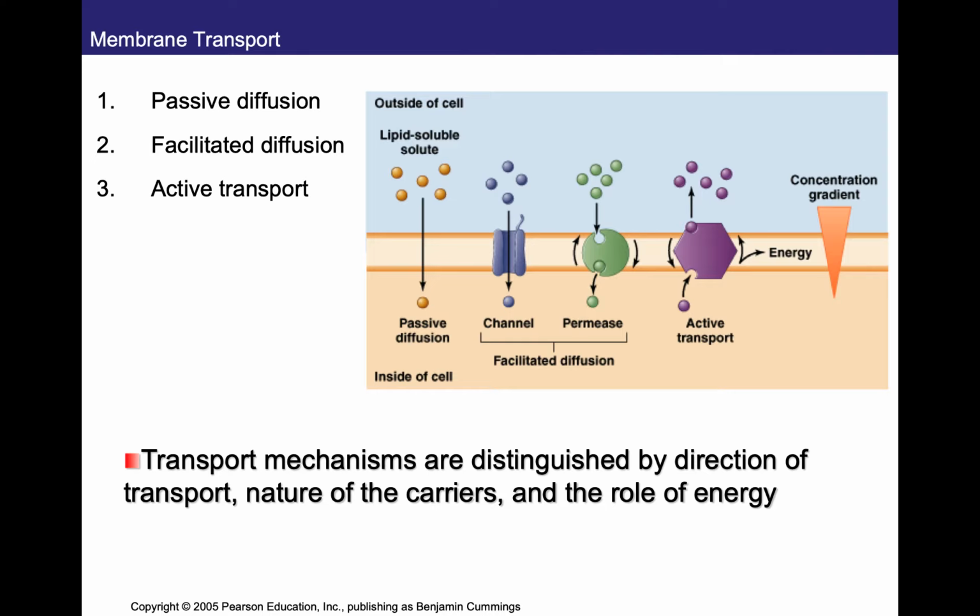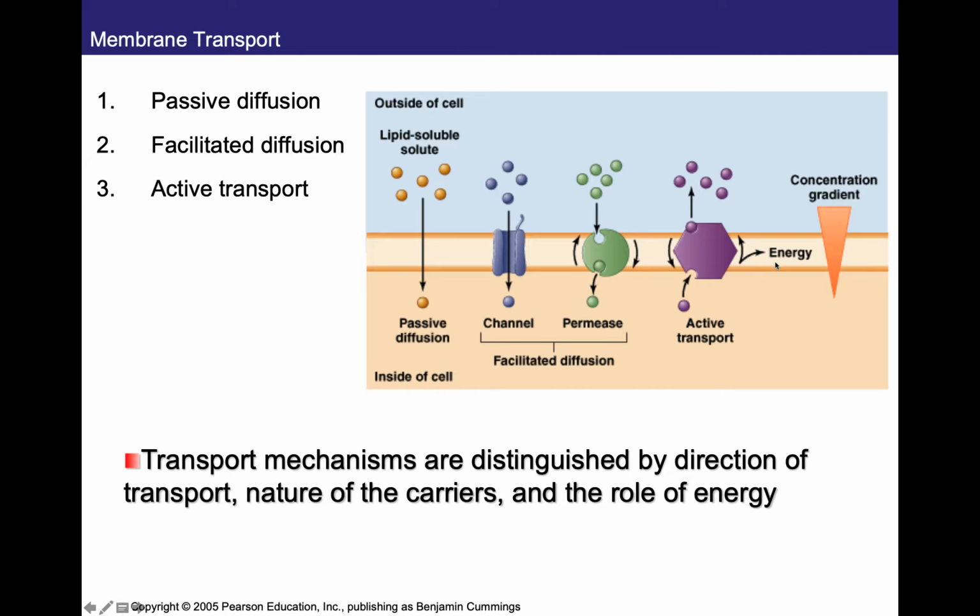But with active transport, you can see it's the opposite. Active transport protein is required, and you can move molecules against their concentration gradient. But again, energy is required. We're going to be talking about that in just a little bit too.